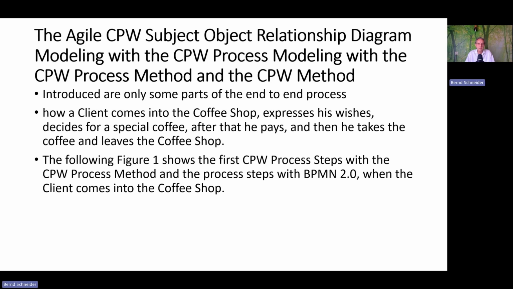The following figure 1 shows the first CPW process steps with the CPW process method and the process steps with business process modeling notation 2.0 when the client comes into the coffee shop.